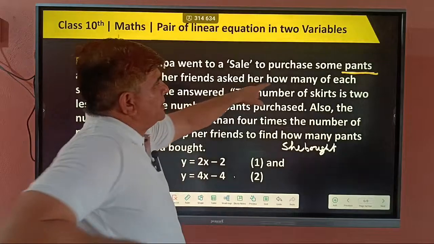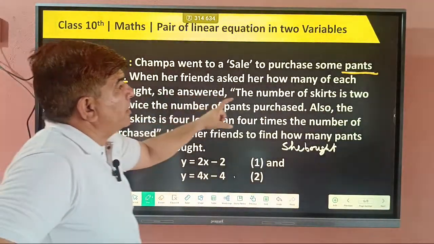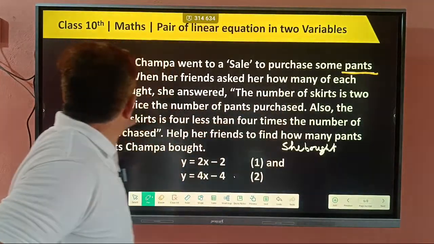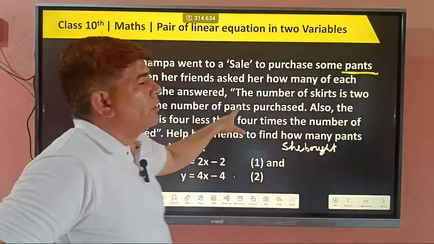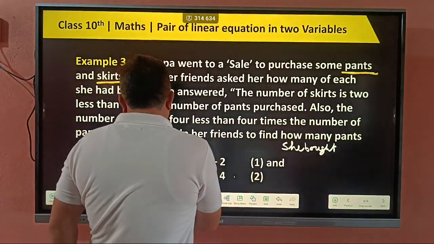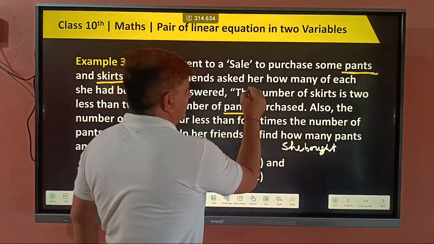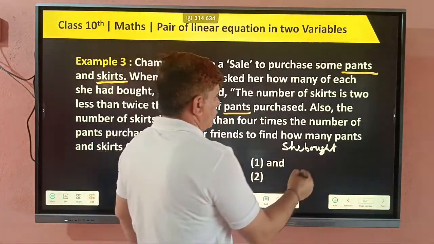When her friend asked how many of each she had bought, she answered the number of scripts is 2 less than twice the number of pens. First you have to make an assumption.